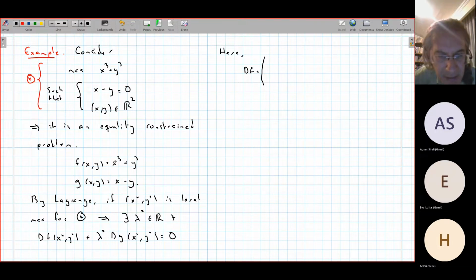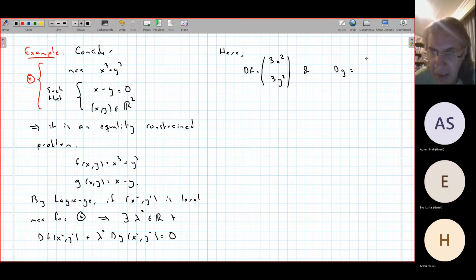There'll be the partial with respect to x, that's 3x squared, comma the partial with respect to y, that'll be 3y squared. And we can also calculate the derivative of g.